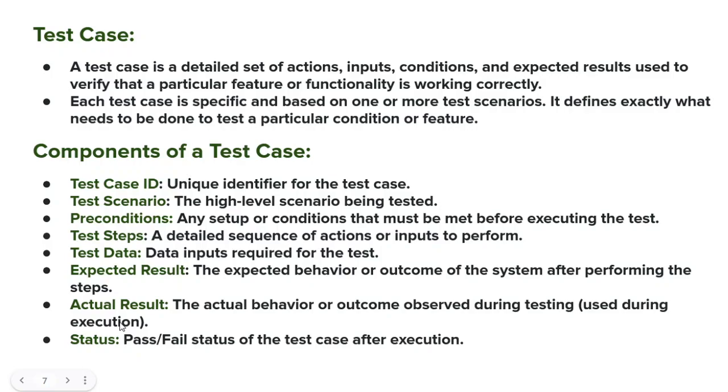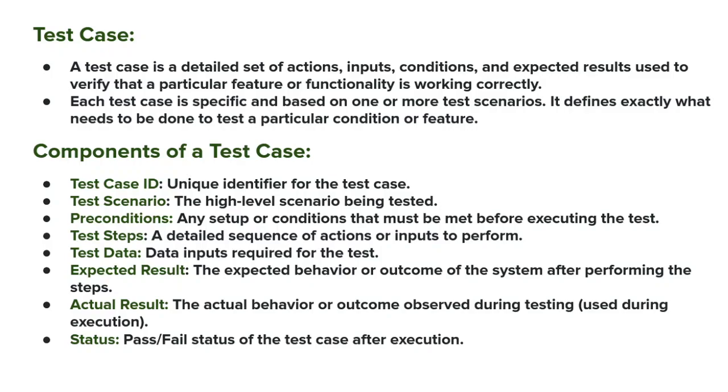When you perform the test case, some outcome will come. That is the actual result. Now that actual result, whatever it is coming, we have to put in that column. And it is used during the execution. So after execution only you will understand what the actual result is. Now that actual result can be different as well. It is not necessary that the actual result will be the same as the expected result.